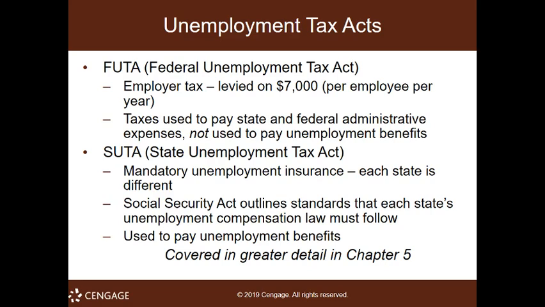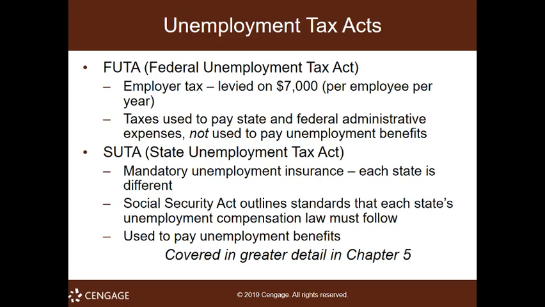But basically, there is a federal unemployment tax act, and it says that of the first $7,000 that's paid to every employee, 6% of that is levied with a tax. However, if the employer has to pay a state unemployment tax, they can take a credit against it.